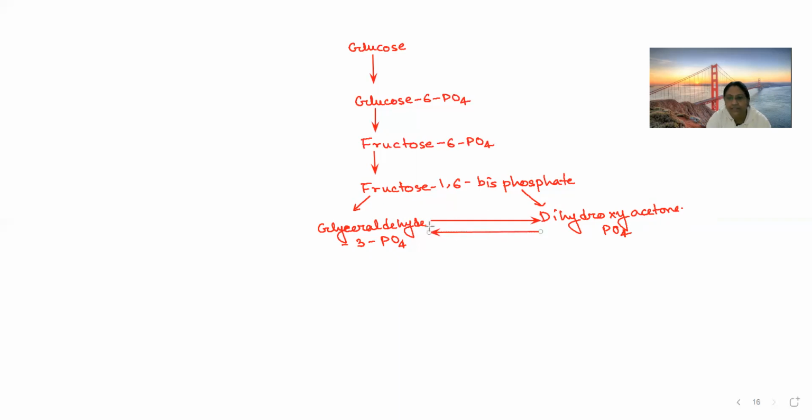I'll tell you why, and they can get converted amongst each other. So from glyceraldehyde 3-phosphate, there will be production of 1,3 bisphosphoglyceric acid.